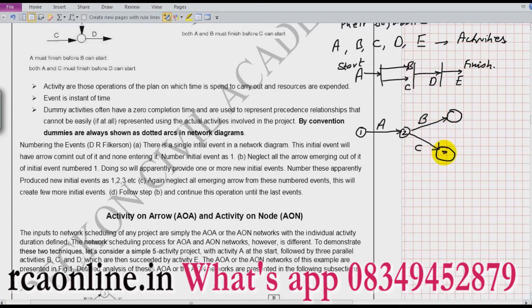Now this is 3 and this is 4, because C is finished earlier and B is finished later. So I have put 3 to the C and 4 to the B. Now the start of the activity D is only possible when B and C both are completed.